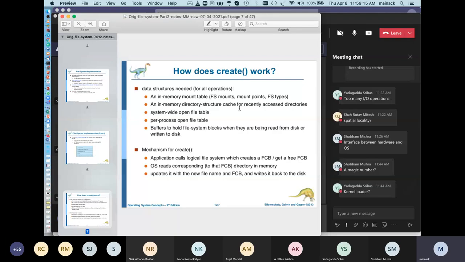There are also buffers to hold file system blocks when they are being read from or written to disk. This is for performance. You cache the file system blocks when they are being read from disk or written to disk.